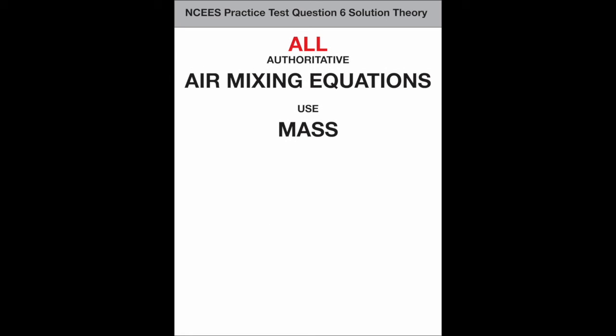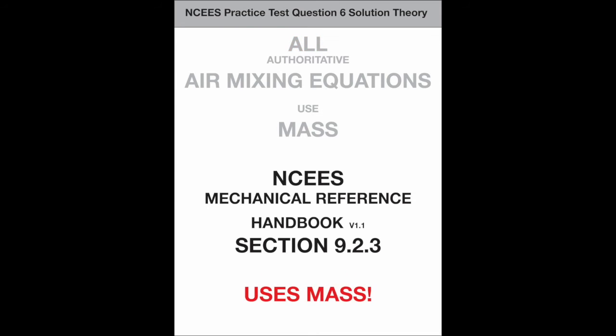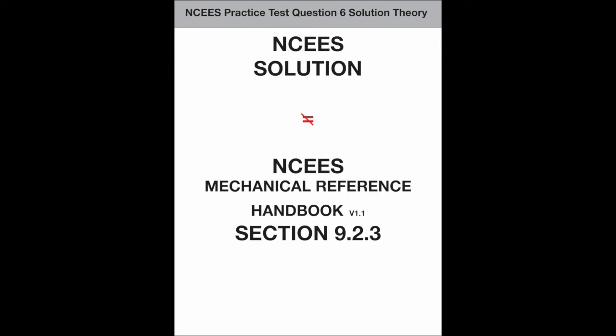Just use the authoritative air mixing equations, all of which use mass. Notice in the NCEES Mechanical Reference Handbook, section 9.2.3, you're given mass-based equations for mixing airstreams. So the technique used in the NCEES solution doesn't even match the technique used in the NCEES Reference Handbook.